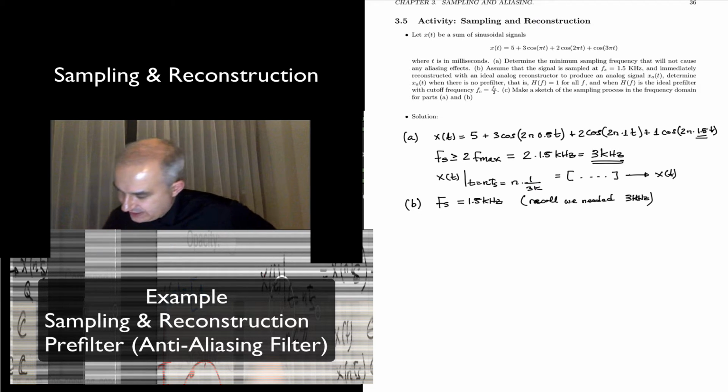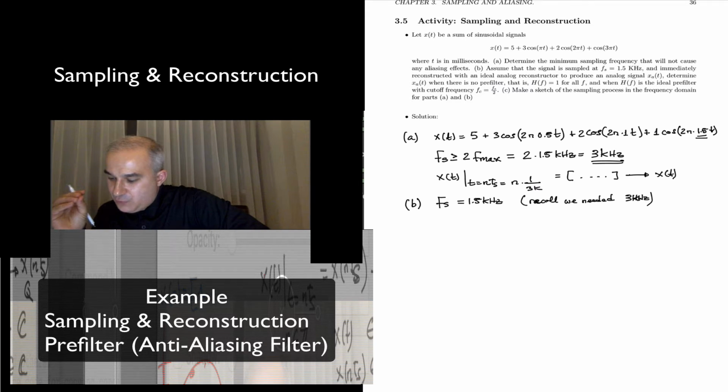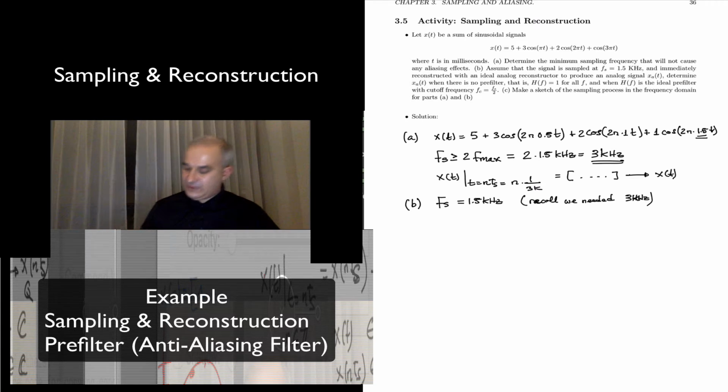And so what we have here in B says, assume that this is sampled at 1.5 kilohertz and then immediately reconstructed with the ideal analog reconstructor to produce the analog signal xa. Let's see what happens in the situation where you do not have a pre-filter and when you have a pre-filter. Let's see what happens with the aliasing.